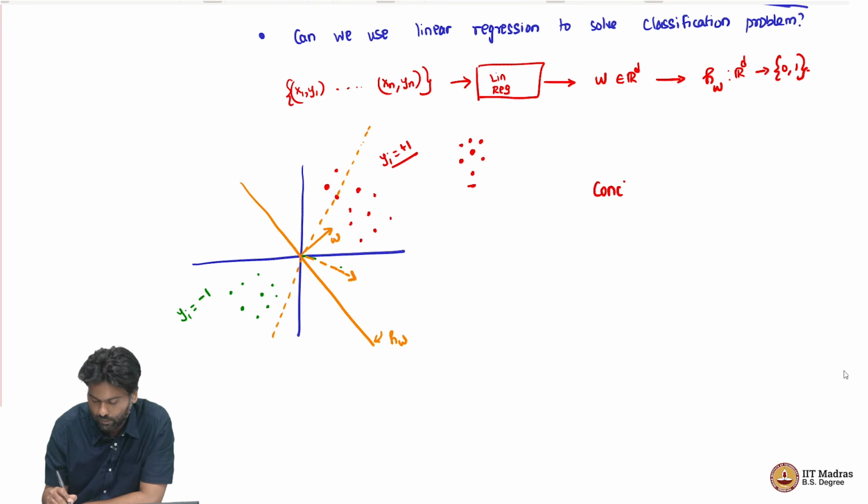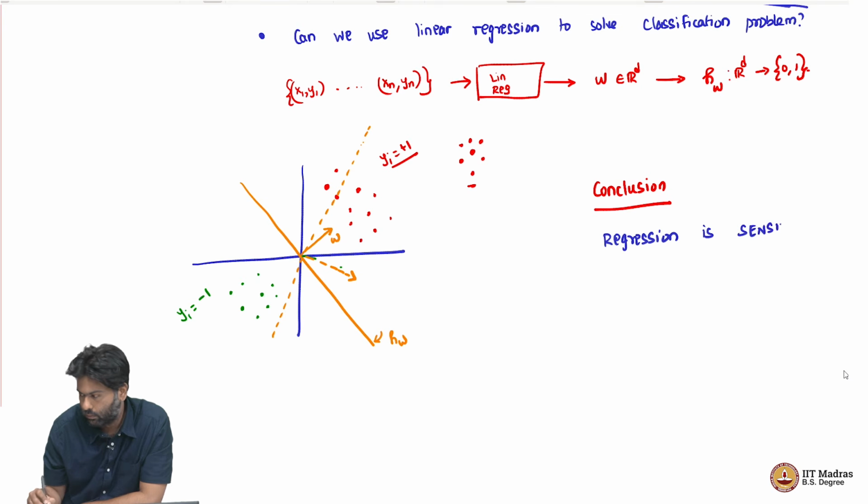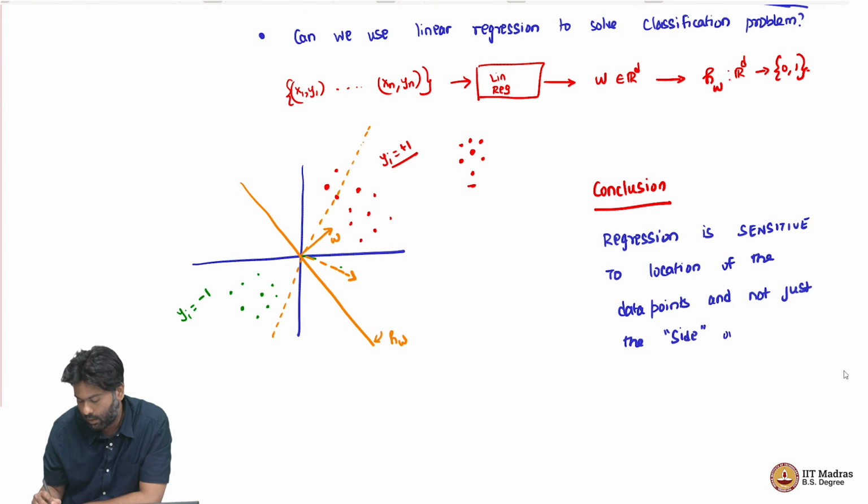So, the conclusion that we draw from this is that regression is sensitive to the location of the data points, and not just, I'm loosely writing, the side on which the data points lie with respect to the separator.